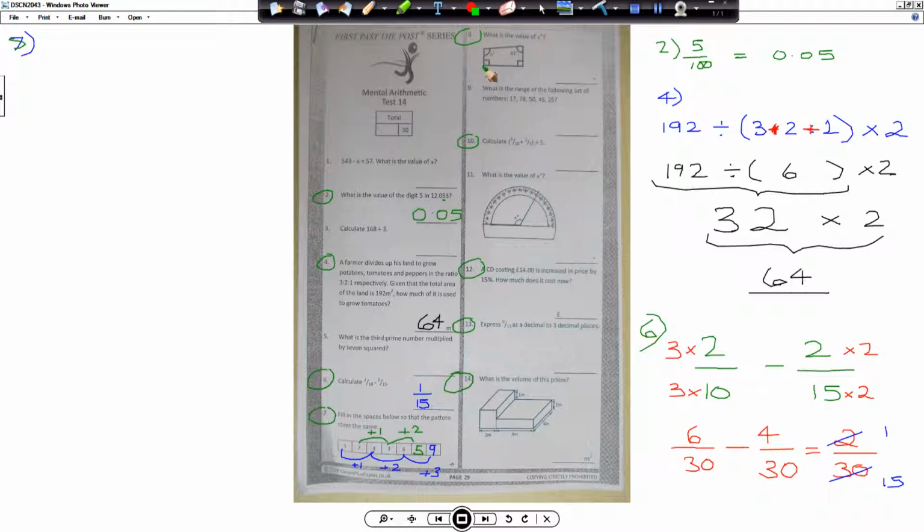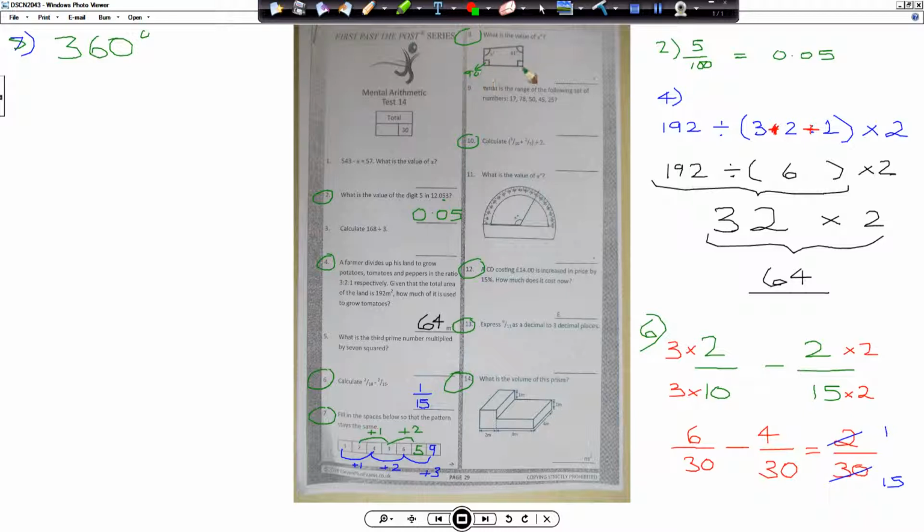What is the value of x? First of all, what's this shape called? This shape is generally called a quadrilateral. Now, the internal angle sum of a quadrilateral is 360. These little boxes in the corner, what are they? They are all 90s.